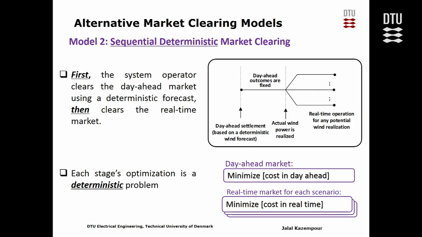It's deterministic, right? But it's very obvious, I think, that if our forecast in the day-ahead stage was very wrong, then the total system cost, the cost in day-ahead plus the cost in real time, might be very high. Clear?